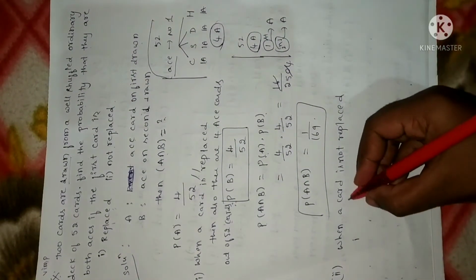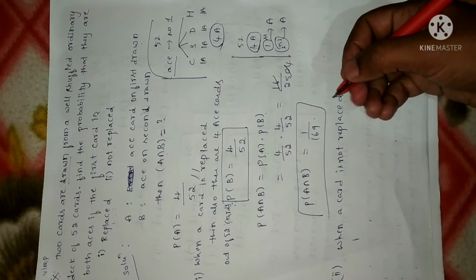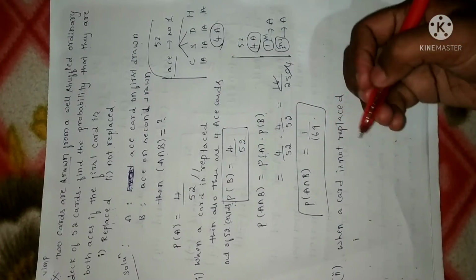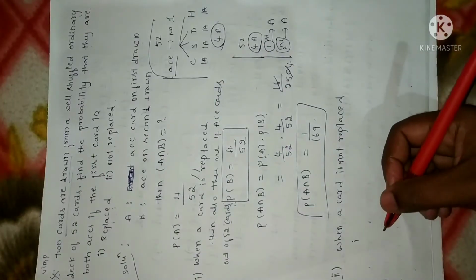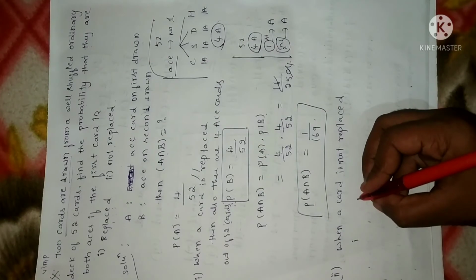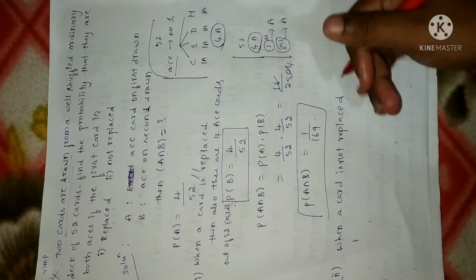Now, when a card is not replaced, in the first draw what you get and in the second draw what you get matters, because we are drawing the card 2 times. Clear? So when a card is not replaced, whatever we have done in the first case, we have to repeat the same.